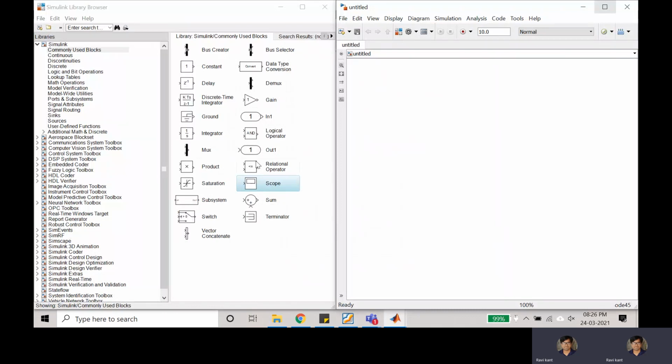So let's start with a constant whose value would be 9.8. What you have to do is drag and drop things over here. Drag from this place, from the library to the working place.